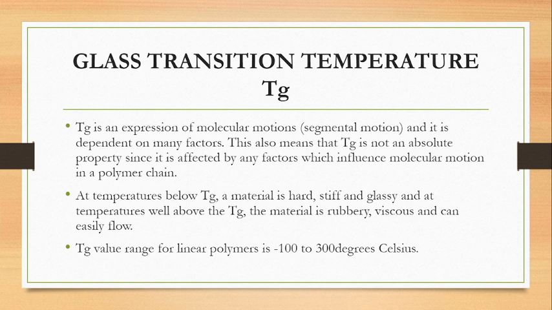If cross-linking is a factor that is going to affect the segmental motion, then TG is going to be dependent on the extent of this cross-linking. So now I guess you do understand why we are saying TG is not an absolute property.